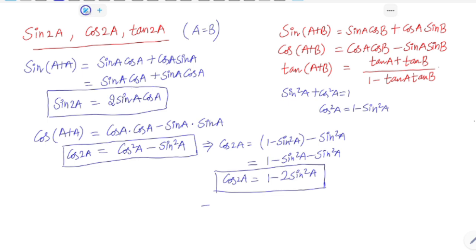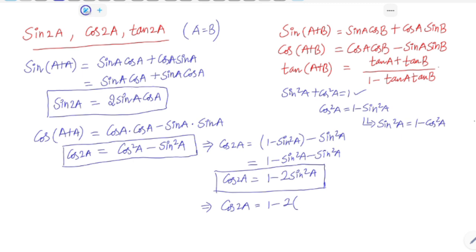Okay. It implies cos 2a is equal to 1 minus 2 into, we are writing sine square a as 1 minus cos square a. From the same identity, we'll get three things. One is sine square a plus cos square a equal to 1. Cos square a is equal to 1 minus sine square a, or sine square a is equal to 1 minus cos square a. Okay.